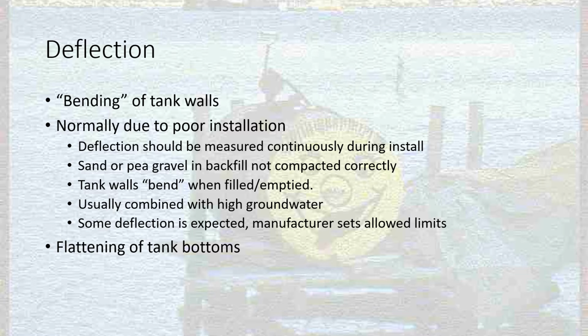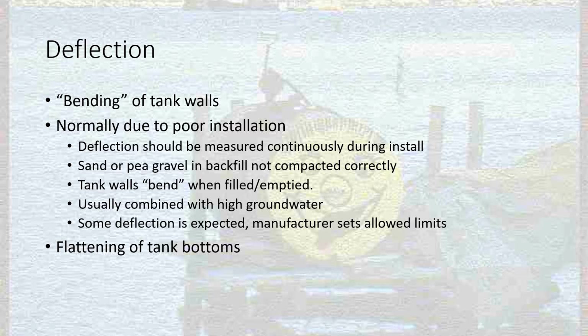If it doesn't get compacted well or the tanks are not installed properly, these tank walls can bend when they're filled or emptied. Usually this deflection combines with high groundwater, and then some deflection acts like your lungs. It inflates, deflates, inflates, deflates. So over time it can really tear or work on the materials in the tank.